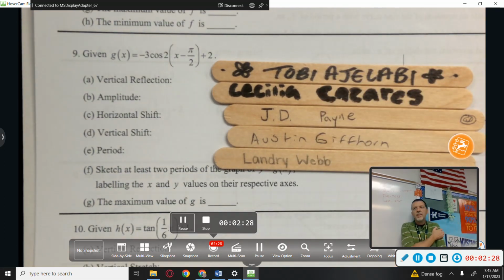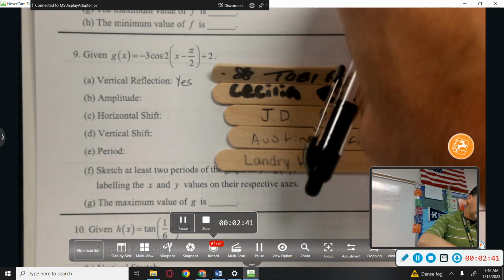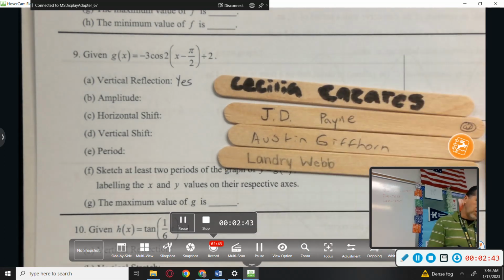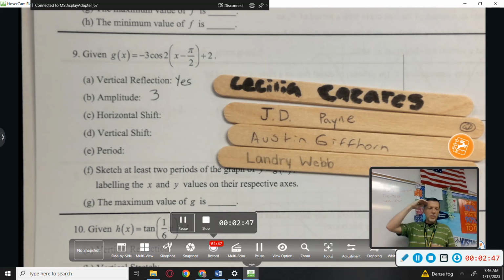Okay, Toby, number 9. Does it have a vertical reflection? Yours is just a yes or no answer. Yes. Why does it have a vertical reflection? There's a negative, because of the minus sign. Cecilia, what's the amplitude? 3. Good, 3, not negative 3. Amplitude is just the height above the midline.